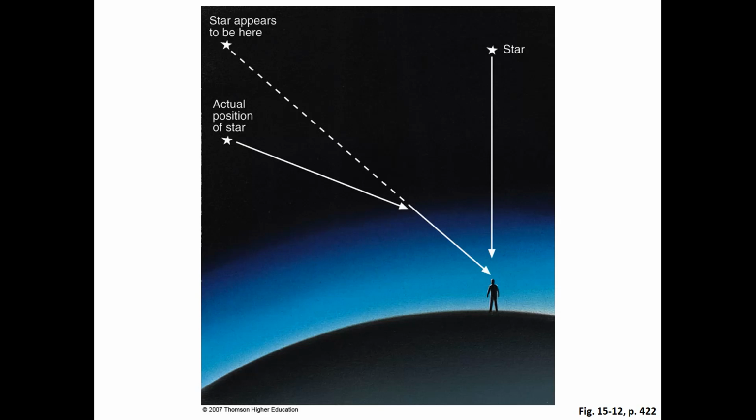And because they had to enter the atmosphere at an angle, rather than coming straight in, like this star right here, the light from those stars bends. The bending of that light gives you the impression that they've come in from a different direction. Hence, rather than the star appearing where it's actually at, it will appear to you like it's at a different location. So that's one type of mirage.